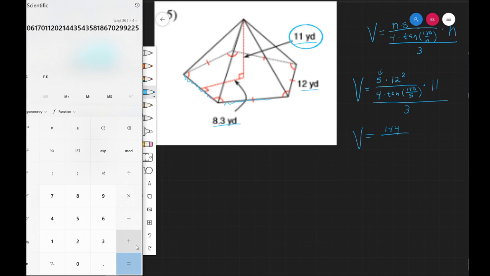So 2.9062 and some other stuff, and we'll just round to there. It should be close enough.